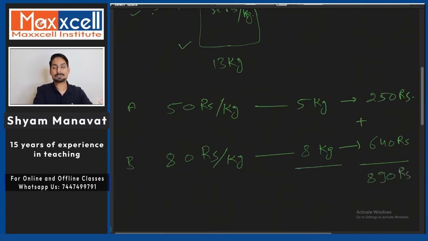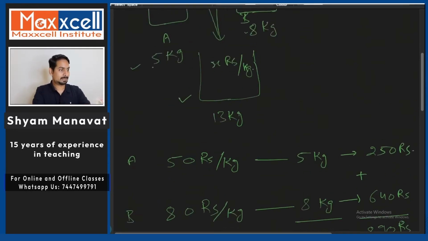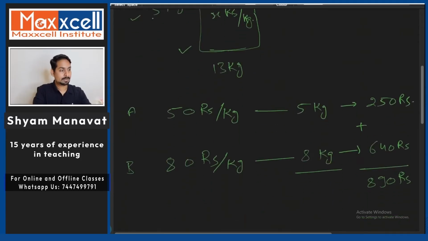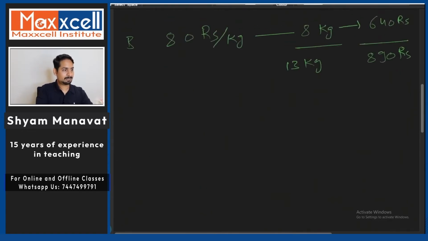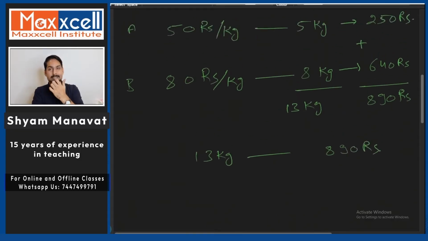And how many kgs did you get? When you're mixing both of them, you got a total of 13 kg. So can we say that to buy 13 kg in total, we have spent 890 rupees?